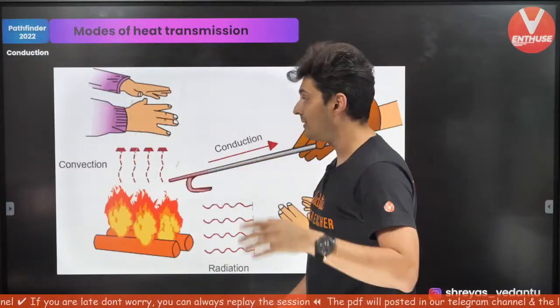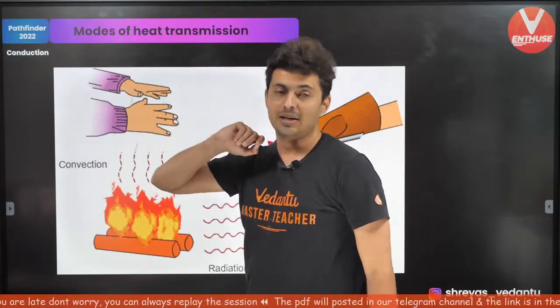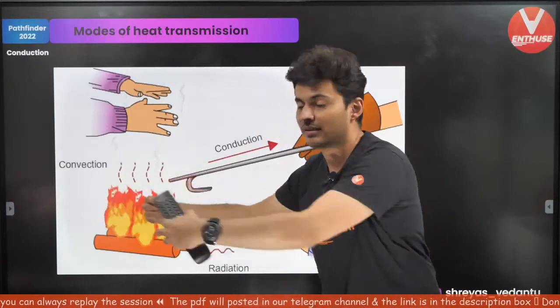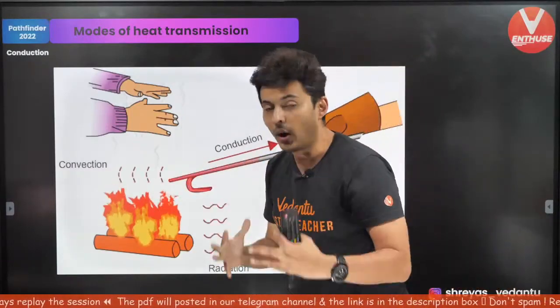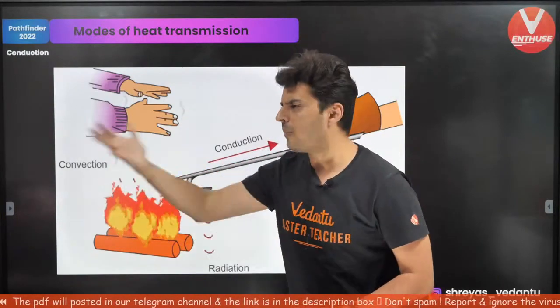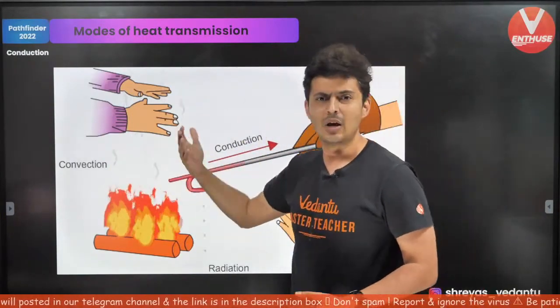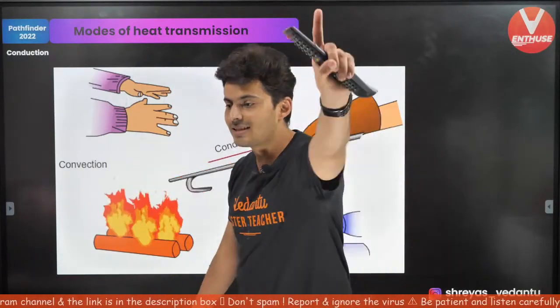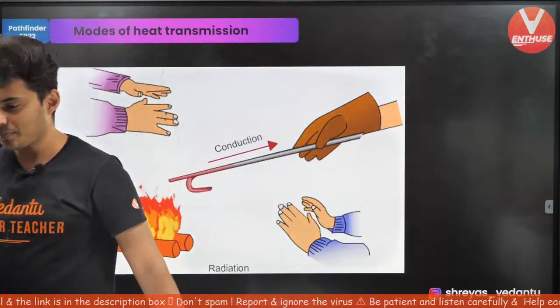Only the energy travels. In convection, it's the particles themselves which go from the hotter side to the colder side. So the wind which is blowing, warm air on your face, cold air on your face, that is convection. Is that understood, my warriors?